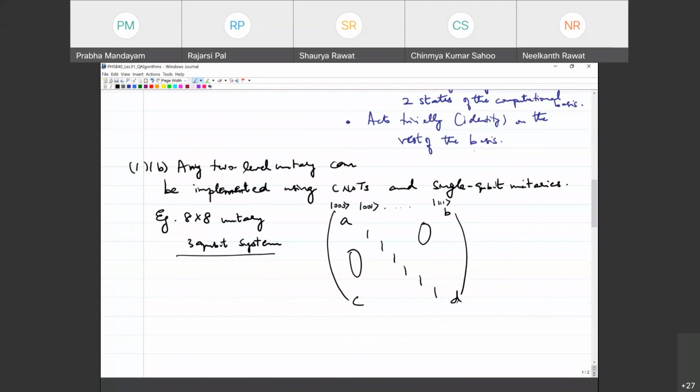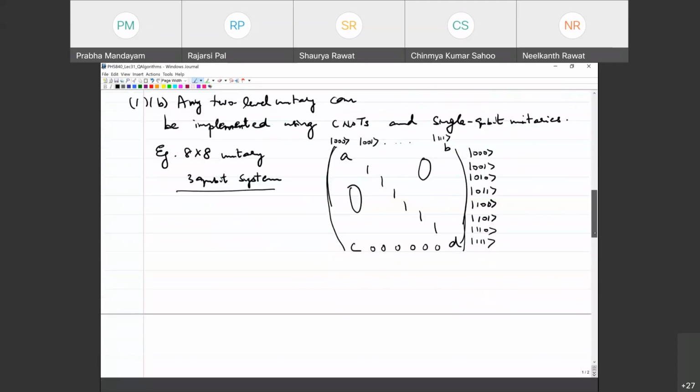Similarly, here I can write this as 0, 0, 0, 0, 0, 1, 0, 1, 0, 0, 1, 1, 1, 0, 0, 1, 0, 1, 1, 1, 0, and 1, 1, 1. Is it clear what I'm doing? I'm just writing down the basis vectors corresponding to the different locations. Is this clear?